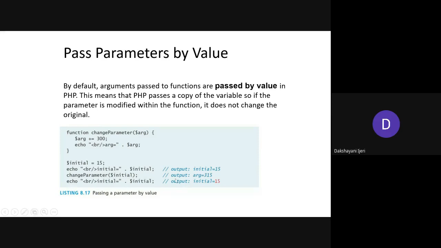Once the function executes, 300 is added to the value and that is printed, so arg will have 315. After that, we once again print the value of initial, which still contains the original value, 15. So what conclusion can you make?